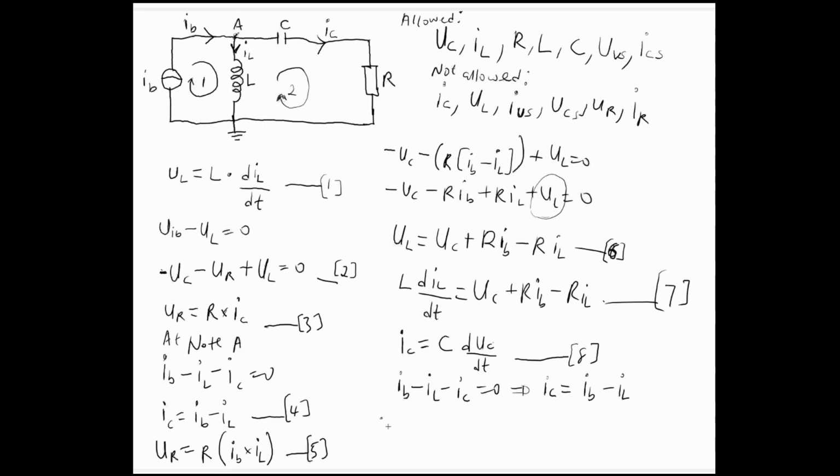Therefore, because we can substitute now, C dU subscript C divided by dT is equal to IB minus IL. I'm a bit surprised. I was expecting more difficulty. Or did I make a mistake? I didn't make a mistake. It's correct. Yeah, so that's it, basically speaking.